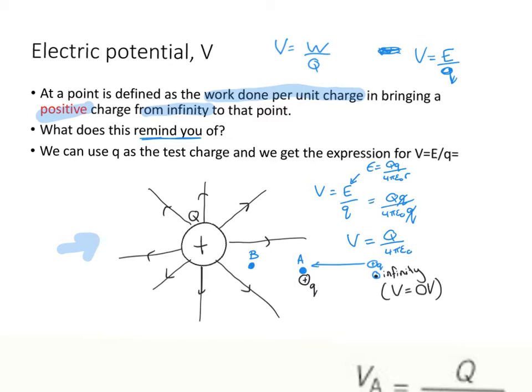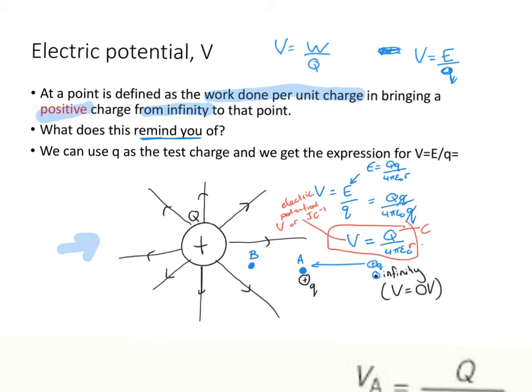Before I move on, just a few things. This is the electric potential. It can be measured in volts or joules per coulomb. That's coulomb, and that's meters.